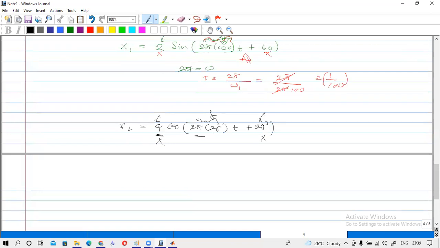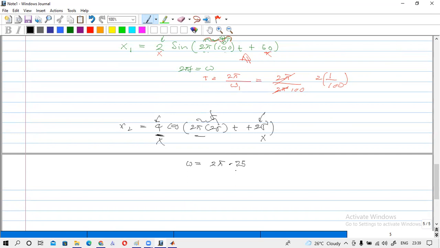So here it is 25, that is f, and what is omega? Omega is 2π multiplied by 25. So this is the omega. Then what is the period here? Let's say this is T1, the period of the first sine signal.